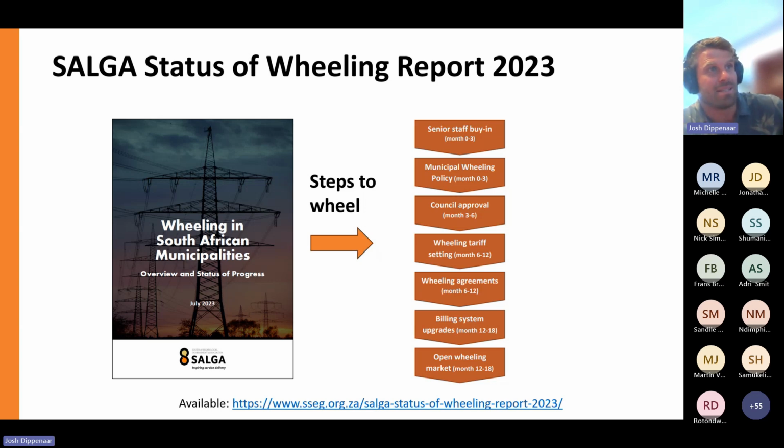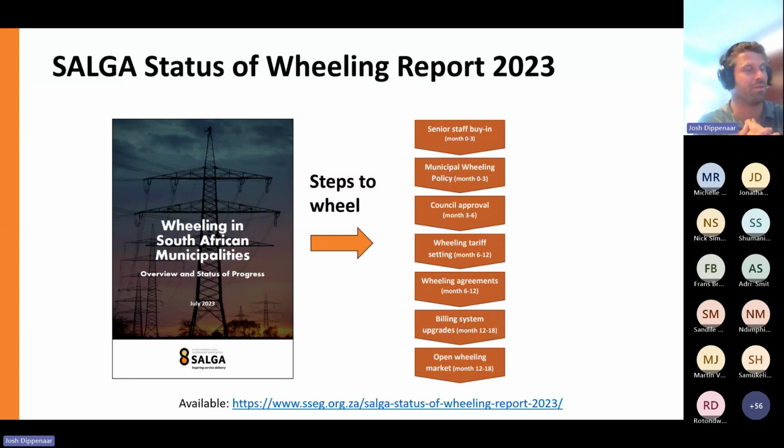In terms of the timelines, it says hopefully within 18 months of starting, we can be wheeling. And George Municipality showed that is possible. There was a wheeling champion, there was an intern, the head of electricity was on board, and they made it happen really, really quickly, including all these steps. So it is possible. I know Ekurhuleni's also moved really quickly. They've had some issues with getting supply agreements amended from Eskom and that whole deposit issue.